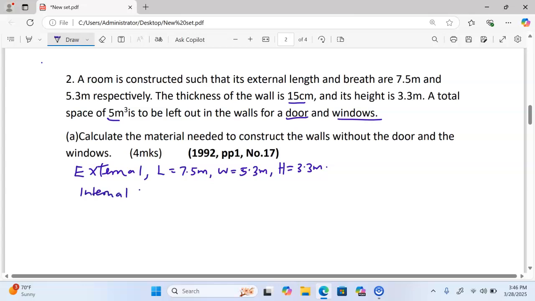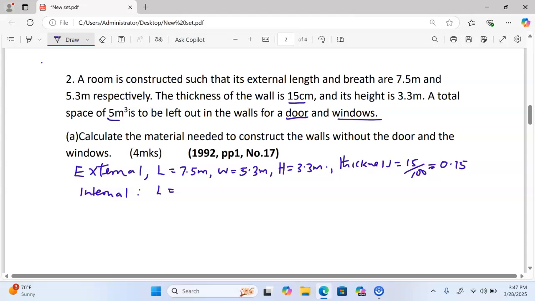Internal dimensions in this case, we will have a length of, remember the thickness is 15 centimeters. So you take 15, you divide by 100 to convert it into meters. This one will give us 0.15.